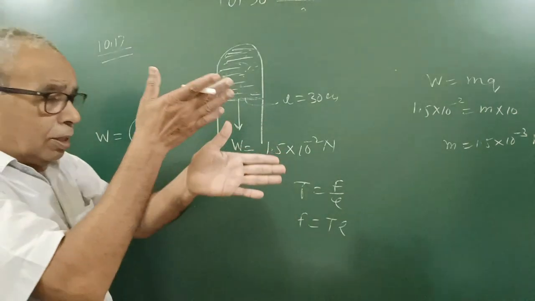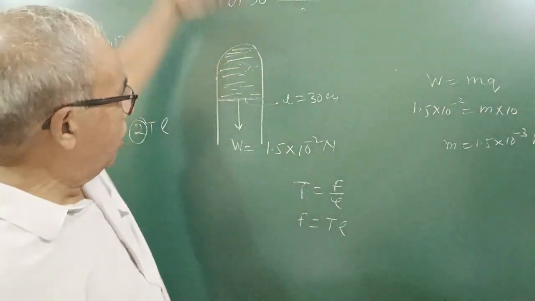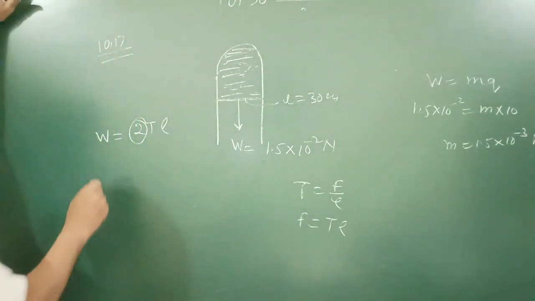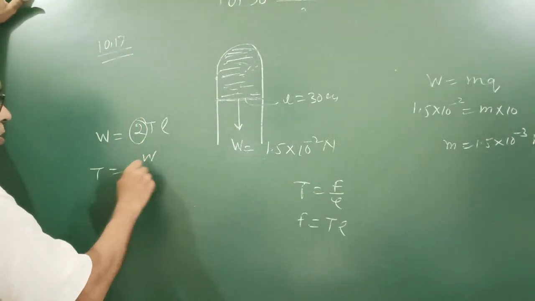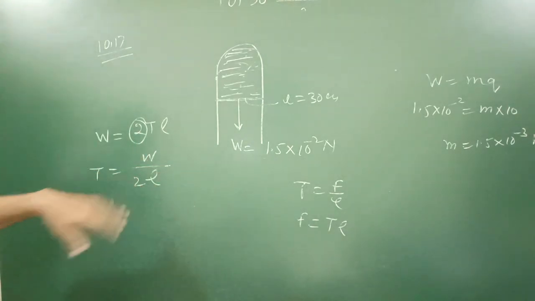Because the film has two surfaces, one this side, other this side. Both are pulling it up. And so T is equal to W upon 2L. My purpose here is to explain what the 2 is.